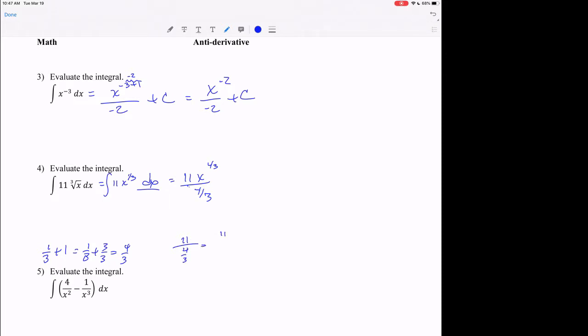Well, that's 11 over 1 over 4/3. So that's 11 over 1 times 3 over 4. So that's 33/4. So plus c. So that's 33/4 x to the 4/3 plus c is your final answer.